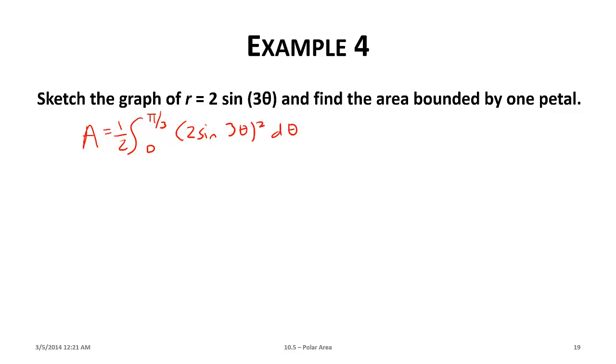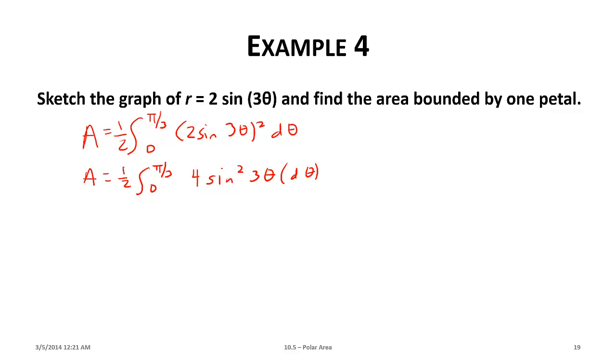From there, we can simplify this by squaring. Area equals 1/2 integral from 0 to pi over 3 of 4 sine squared 3 theta d theta, which is perfectly fine. You can distribute the 1/2 if you want, or leave it alone. It doesn't really matter.